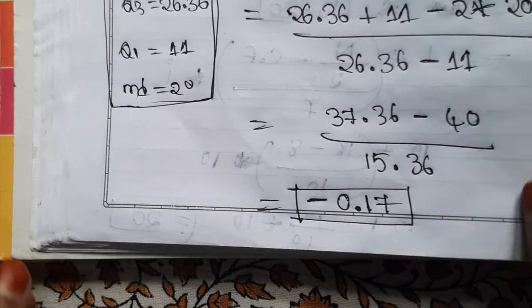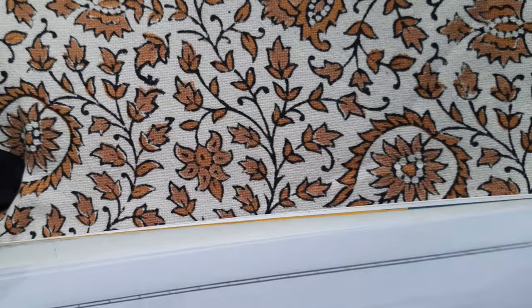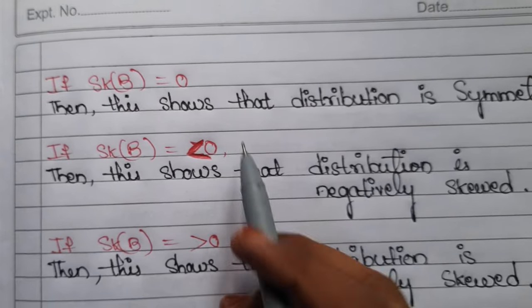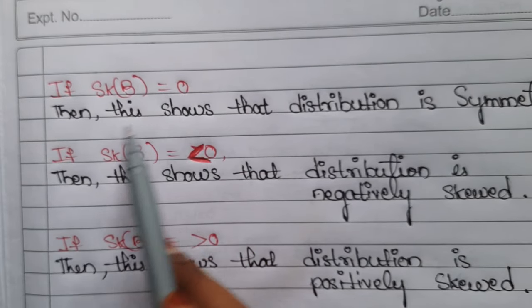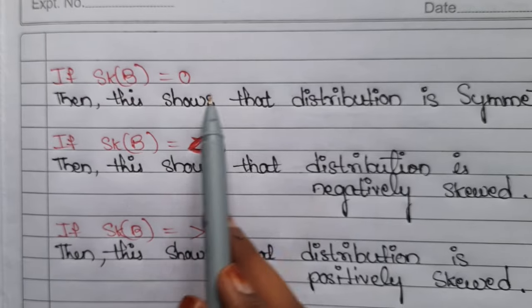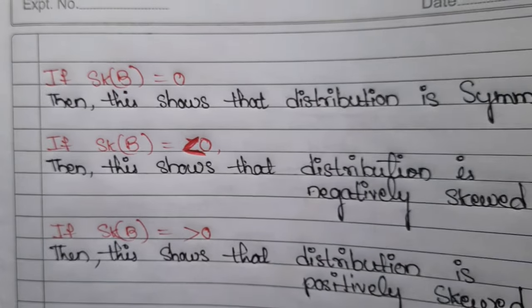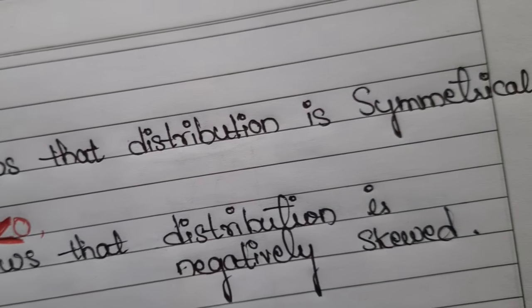Yes or no? So we are having few rules on this skewness. Let me show you what are that rules. See, if the skewness is 0, if it comes equals to 0, then this shows the distribution is symmetrical. You can write that this distribution is symmetrical.